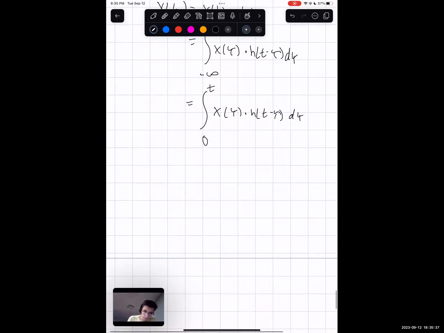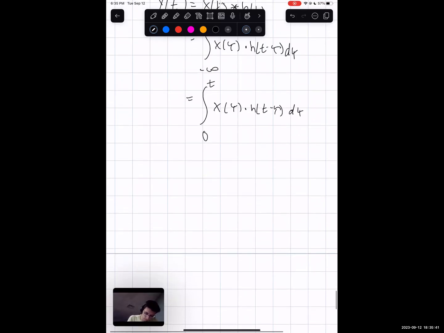And then this is the integral from 0 to t of 2 times 3. How did I get this? This was the amplitude of our kernel, and this was the amplitude of our signal.